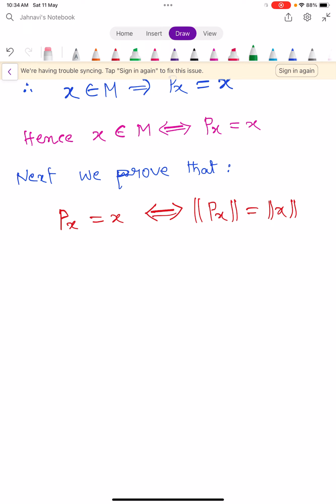So let us calculate if Px = x. This is very obvious: if Px = x, then obviously norm Px = norm x, and there is nothing to prove. Again, we take the converse part.